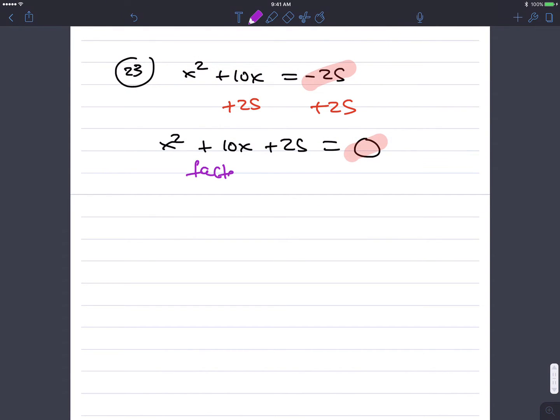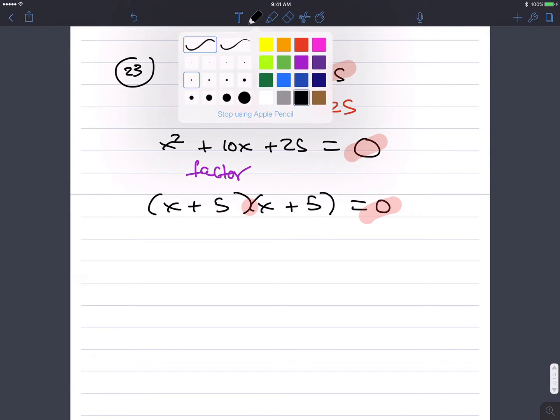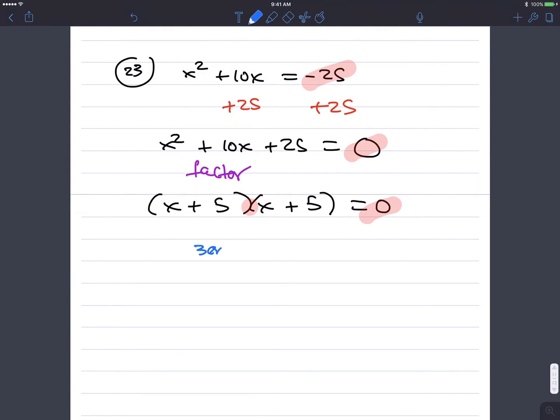Going to factor. X, chicken soup, isn't that plus 5? Plus 5, so I got my 0, I got my product, and what do I use? The 0 product what? Rule.